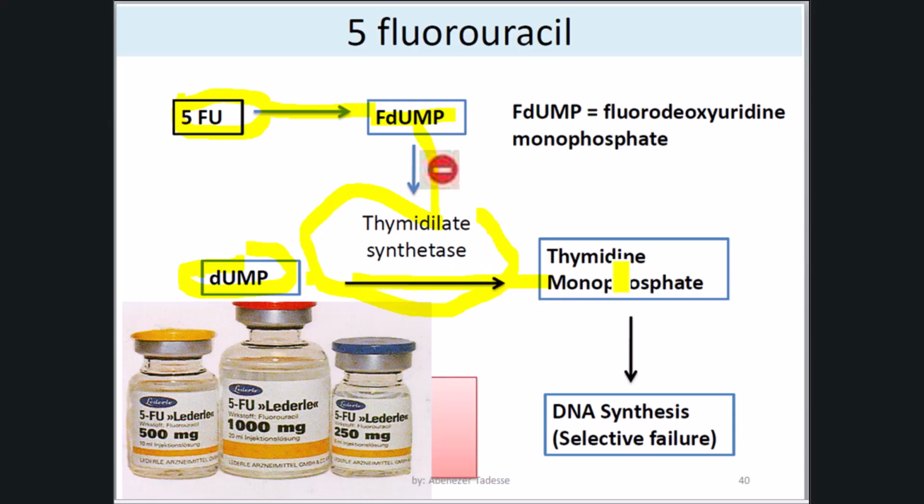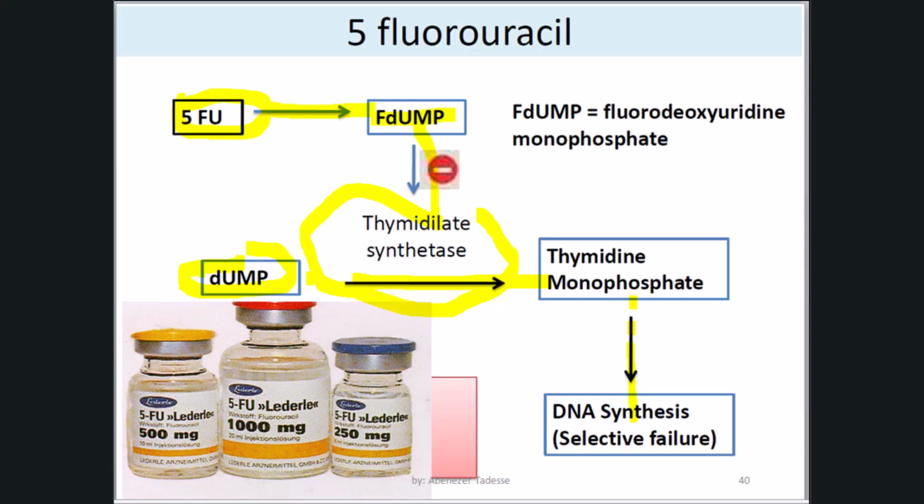This plays an important role in DNA synthesis. So the fluorodeoxyuridine monophosphate can prevent thymidylate synthesis, so there will be no DNA synthesis. By this means the 5-fluorouracil can act.